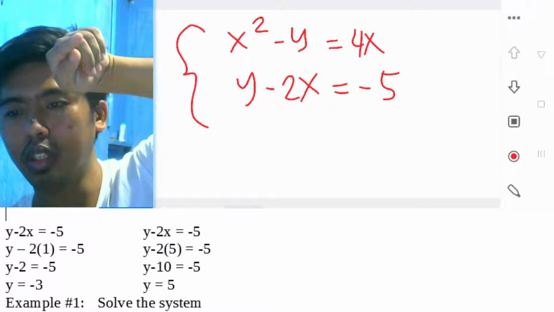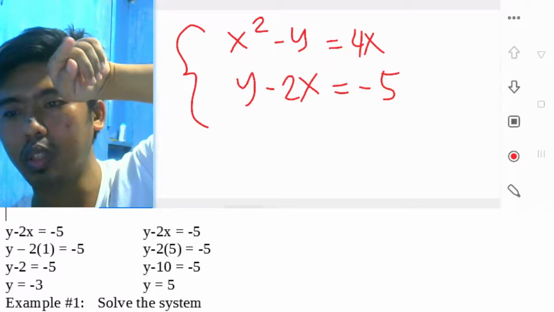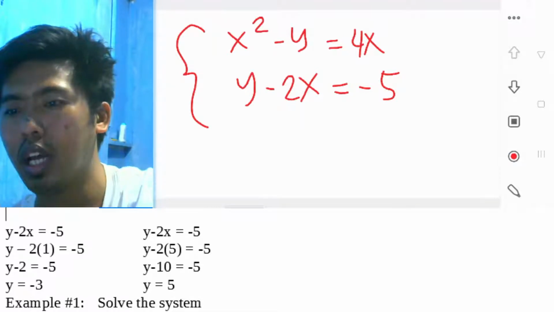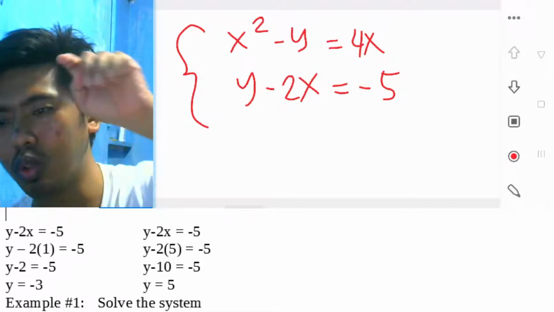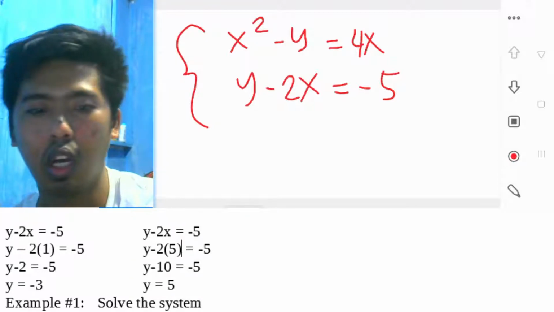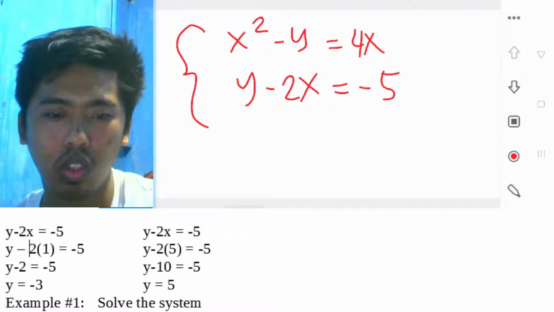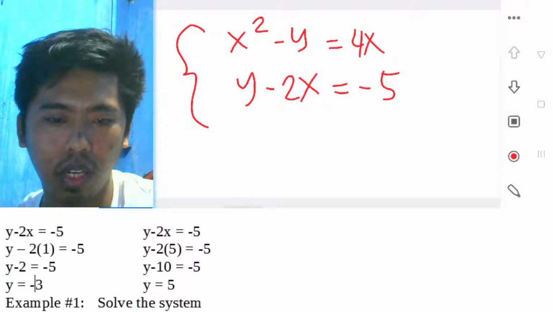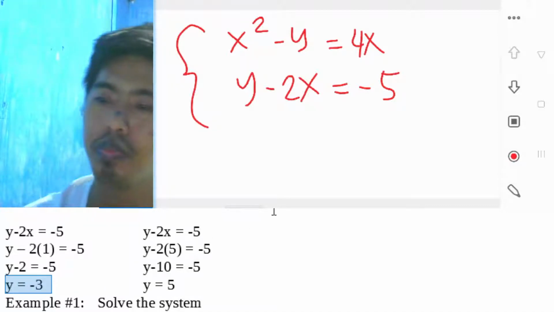So I chose the second equation, y minus 2x, as you can see. Now I substitute the x with 1, so it becomes y minus 2 times 1, so it's negative 2 equal to negative 5. Put the negative 2 constant to the other side, it will become positive 2, so y is equal to negative 3.